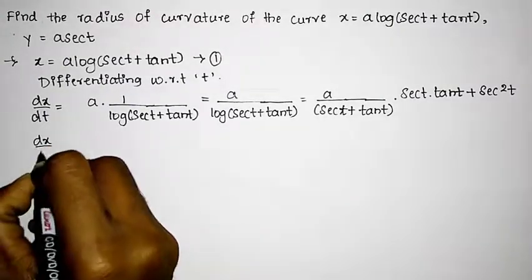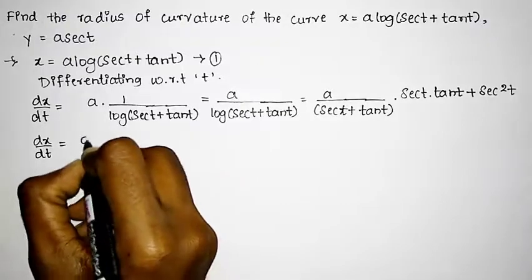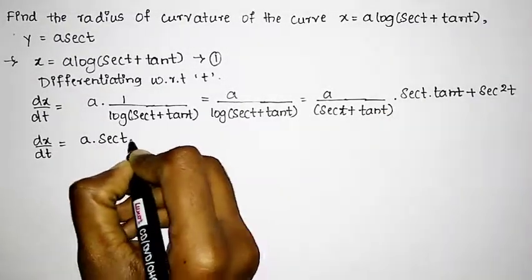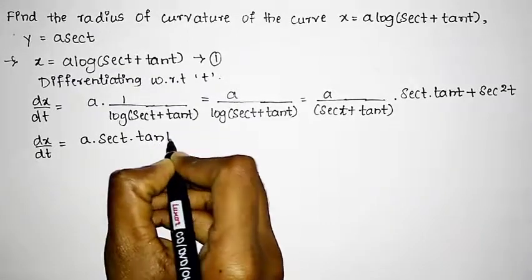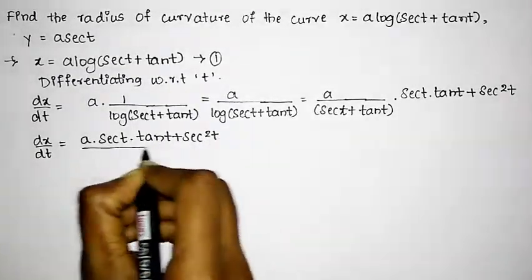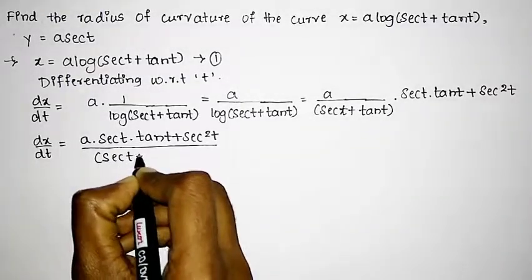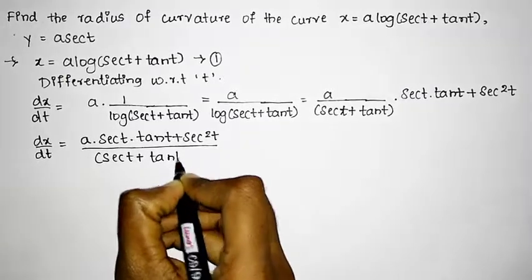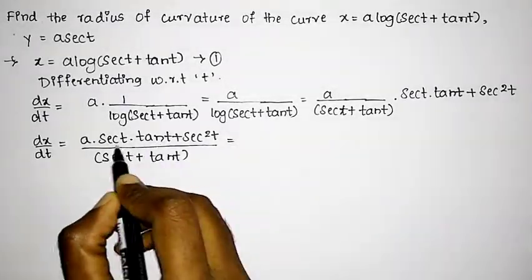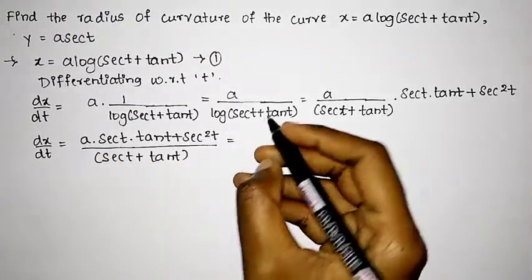That is dx upon dt is equal to a into sec t into tan t plus sec square t, divided by sec t plus tan t. So by observing the numerator we can see that sec t is common.